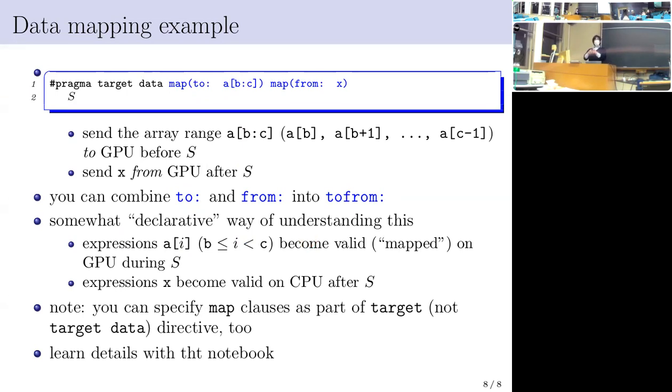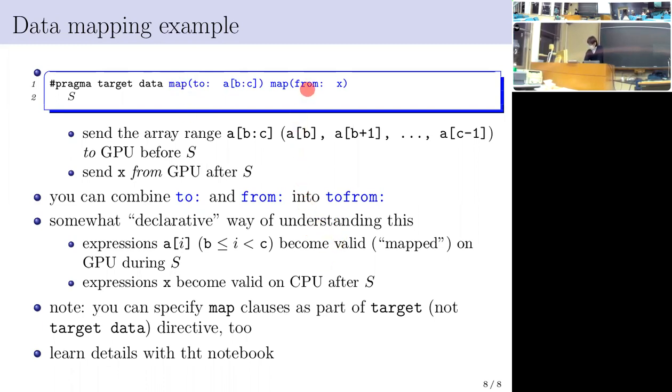Valid meaning that when you use it on GPU, you get the expected result, whatever you would have in CPU. That's why this is called a map. In a way, this expression is correctly mapped on GPU, so it is available on GPU. This is what is meant by this map keyword.